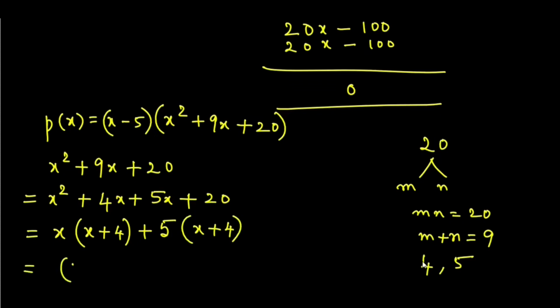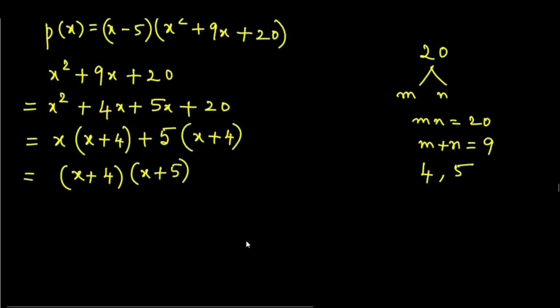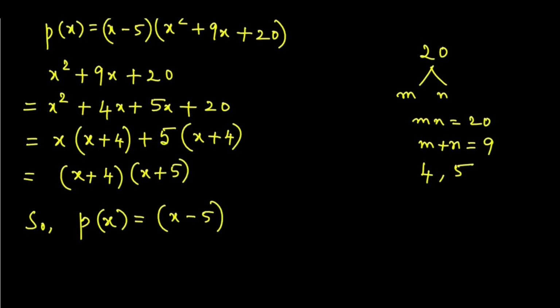This can be written as x plus 4 into x plus 5. So p of x is equal to x minus 5 into x plus 4 into x plus 5.